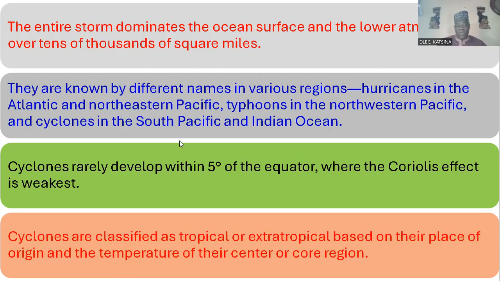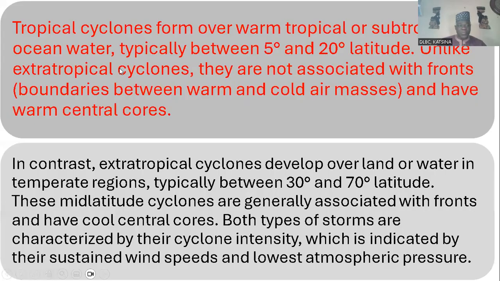Cyclones are classified as tropical or extratropical based on their place of origin and the temperature of their center or core region. Now, tropical cyclones form over warm tropical or subtropical ocean water, typically between 5 degrees to 20 degrees latitude.